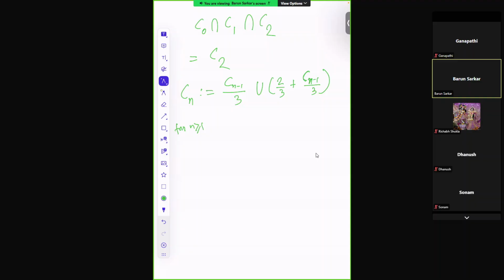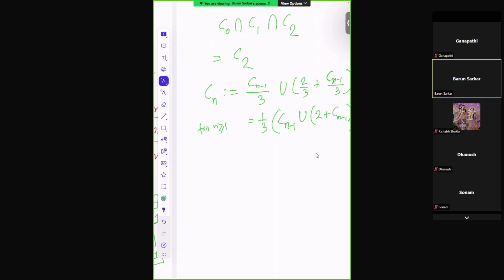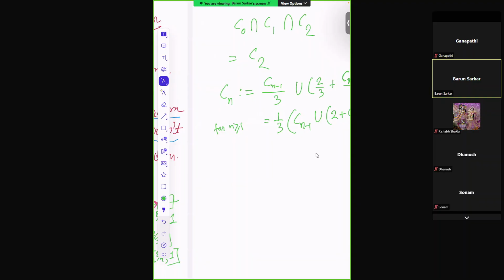So in a sense, you can also write it in this way: Cn minus 1 by 3 union 2 by 3 plus Cn minus 1 by 3. This is the Cn. Okay, and you can check that C2 will match this.